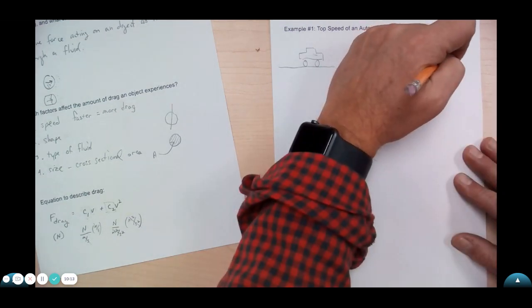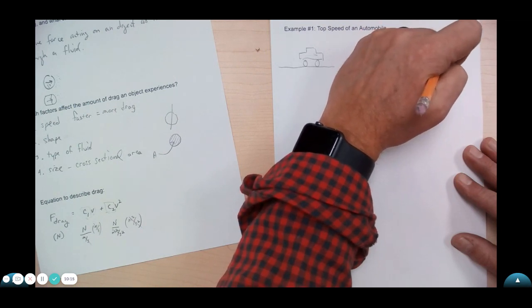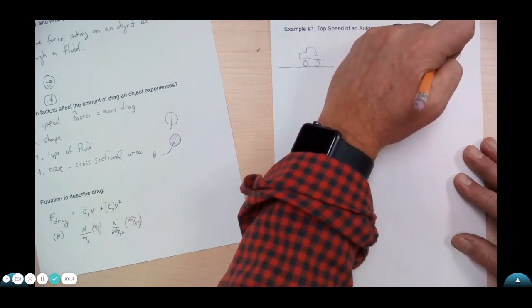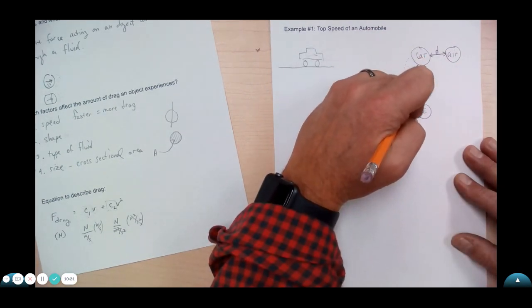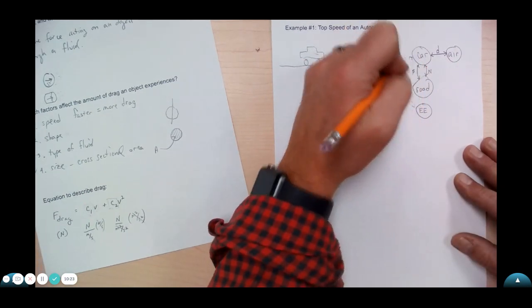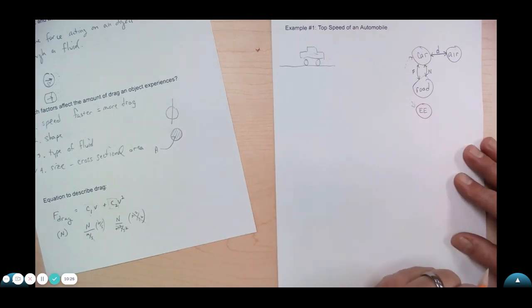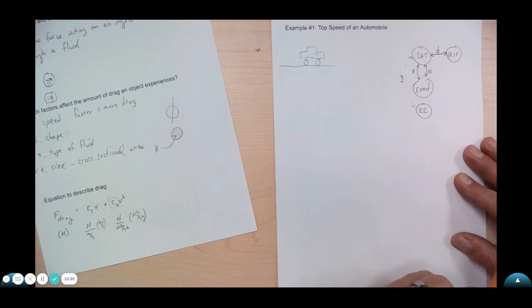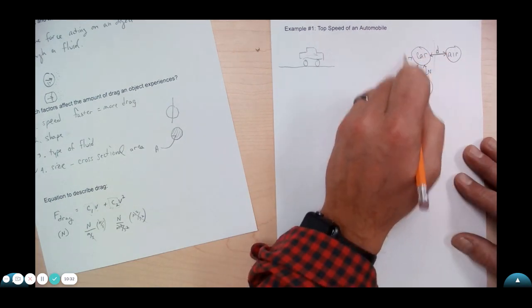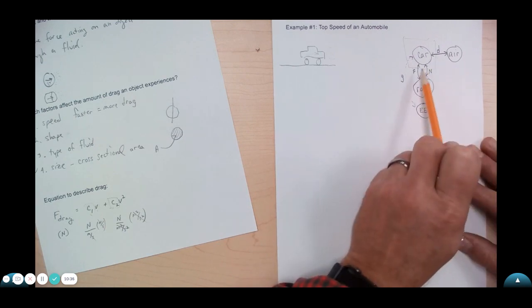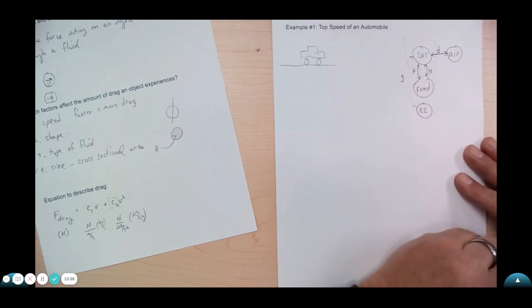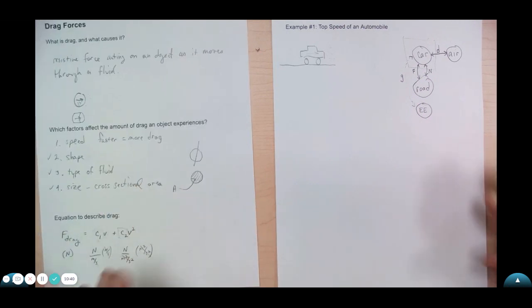The air exerts a drag force, and the Earth exerts a long-range gravitational force on the car. So if I were to diagram the forces acting on my car and make the car my system, I've got 1, 2, 3, 4 external forces acting on the car.